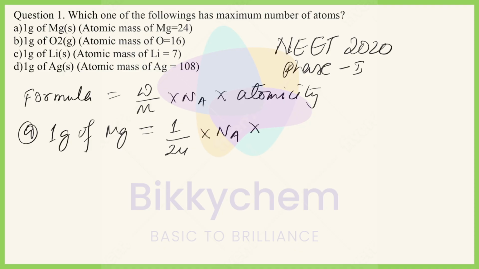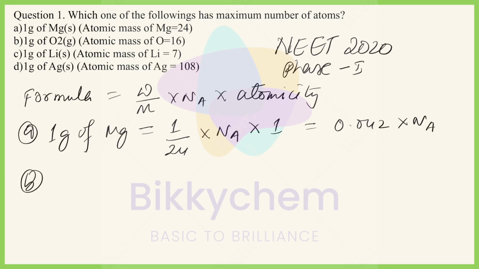Avogadro number, we'll write only Na because the Avogadro value is the same for all the options given here. The atomicity is 1, so it is 1 by 24, which equals 0.042 into Na.